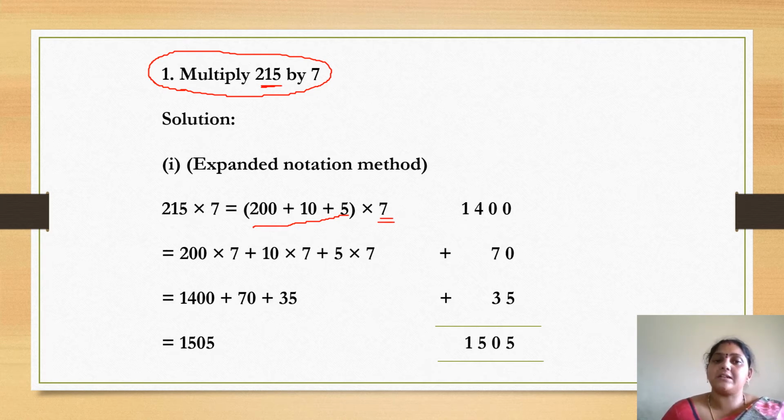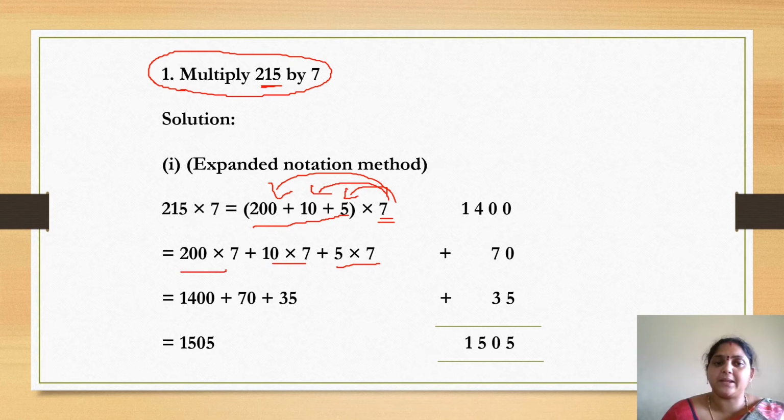How are we going to multiply it now? This 7 should be taken to all the digits. 200 should be multiplied by 7, 10 should be multiplied by 7, and 5 should be multiplied by 7. In the next step, 200 into 7 plus 10 into 7 plus 5 into 7.